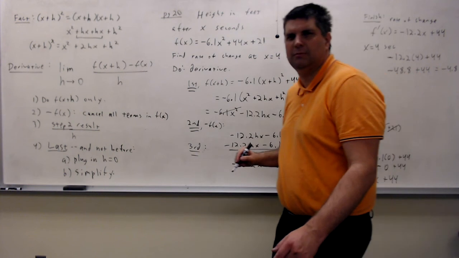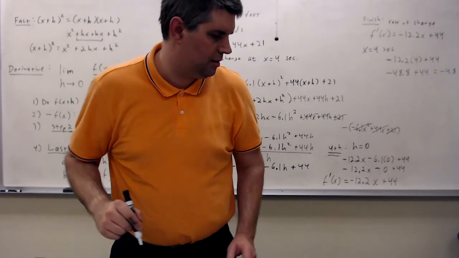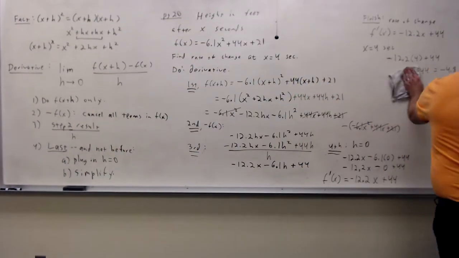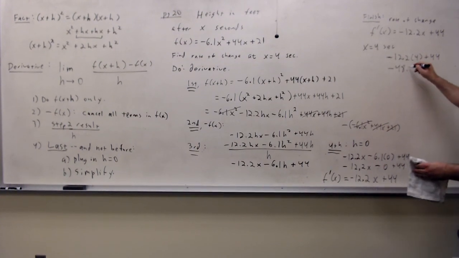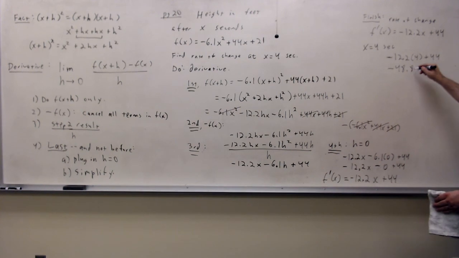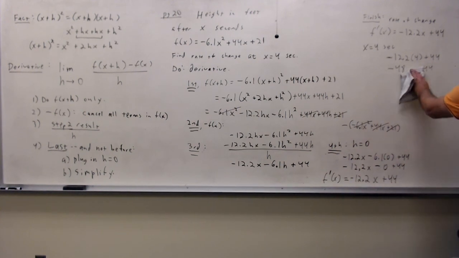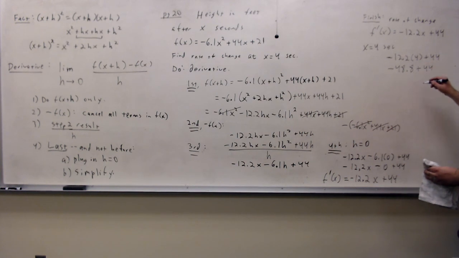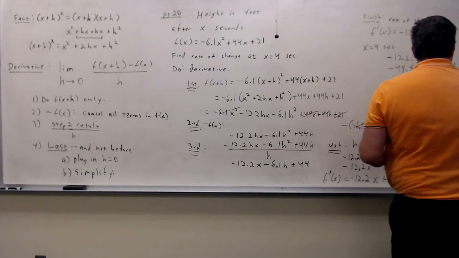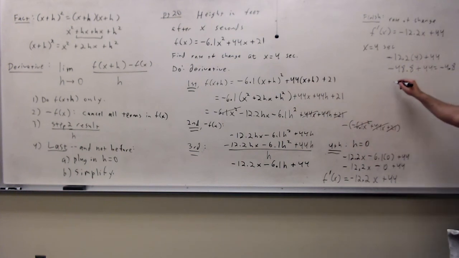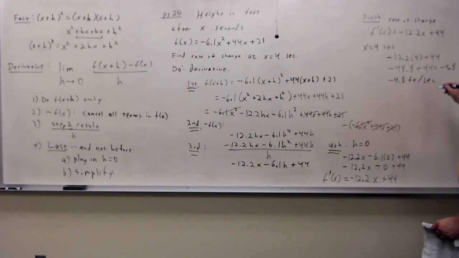Application. That's going to be negative 48.8 plus 44, which gives me negative 4.8. So what that means is that's negative 4.8 feet per second. How did I get that?